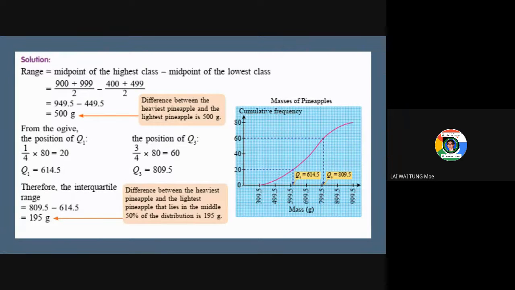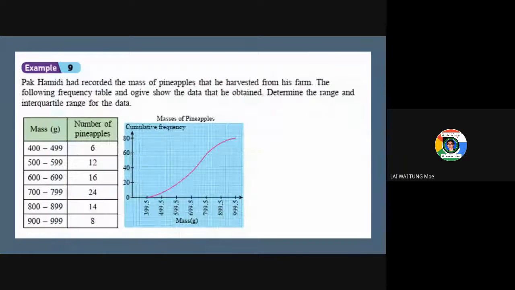From the table just now, you notice that the lowest class is this one, the first class. And the highest is this one, the last class interval. You find the midpoint for these two classes, meaning the 400 to 499 and also the 900 to 999.